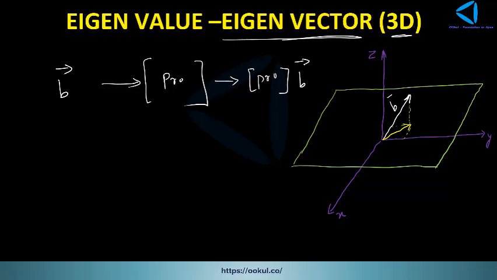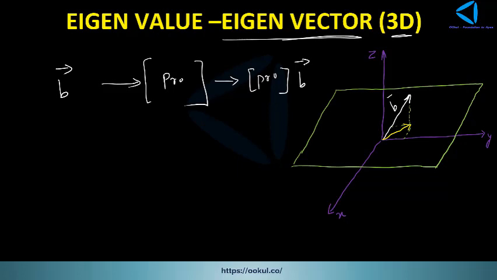Because our aim is to find the eigenvector, and we know an eigenvector is only possible when the input vector to the matrix and the output vector from the matrix are parallel. But here, if the vector b is out of the plane, the projection will never be parallel. So in that case, you can directly say that whatever vector is out of the plane is not an eigenvector.